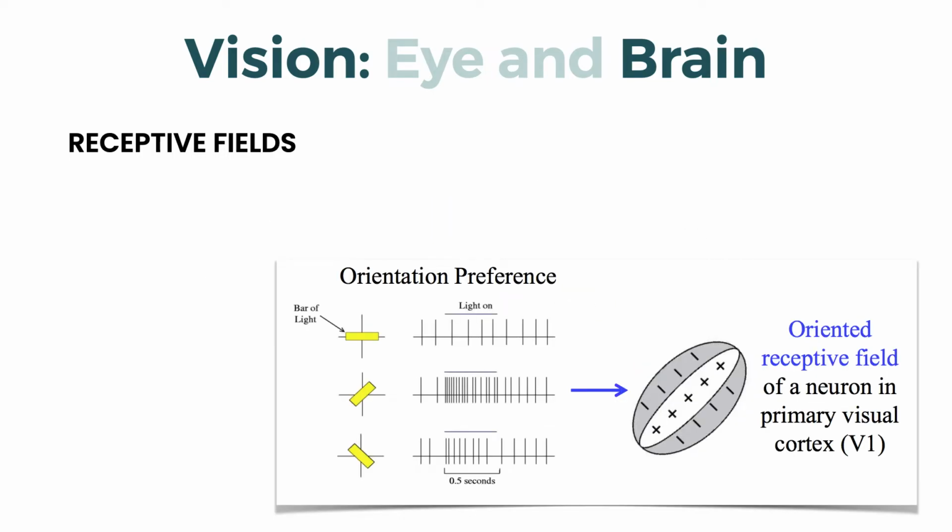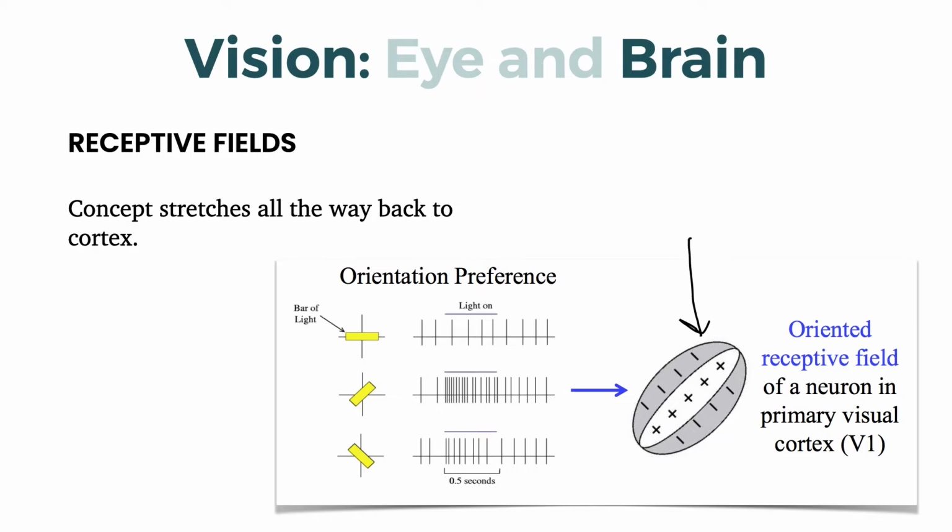And this concept stretches all the way back to the visual cortex. Okay, so this is a primary visual cortex receptive field of one neuron in the primary visual cortex.